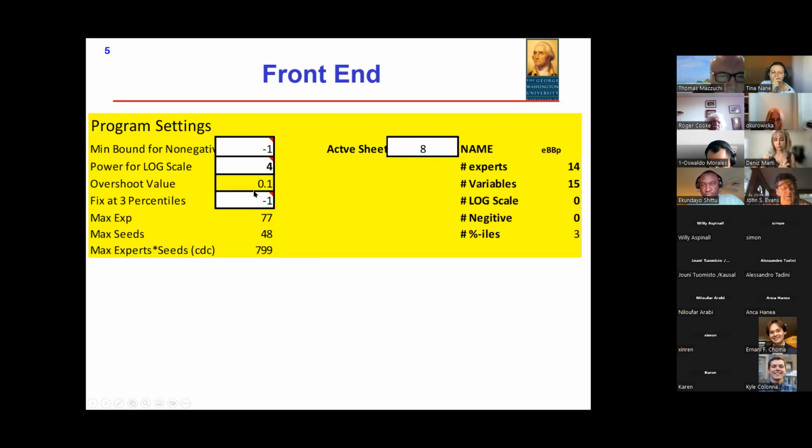Then I have some of the things that you can adjust in the program. One of the things was, sometimes you might have a seed variable and the overshoot might take the lower bound below 0, and maybe that doesn't make sense for a seed variable. A lot of times we keep that in the program just because the lower bound shouldn't affect too much.